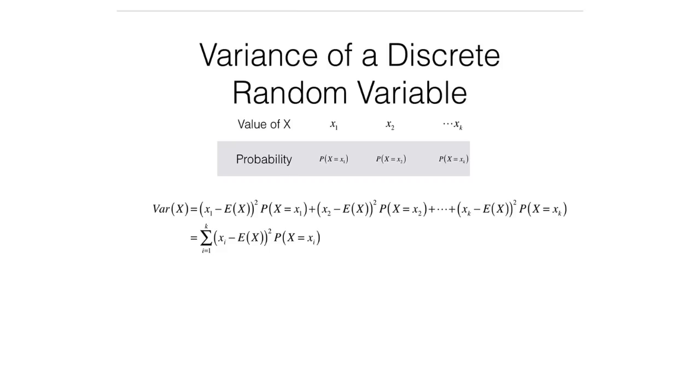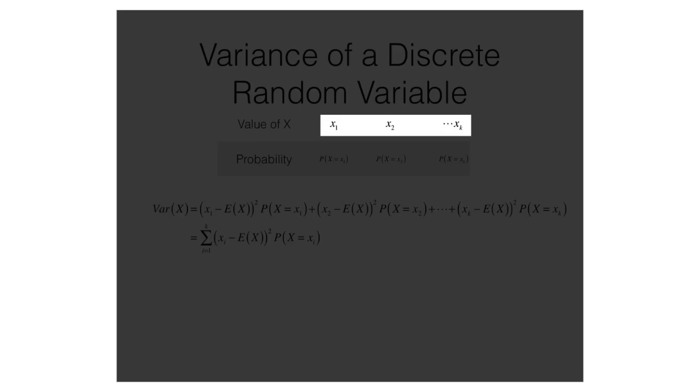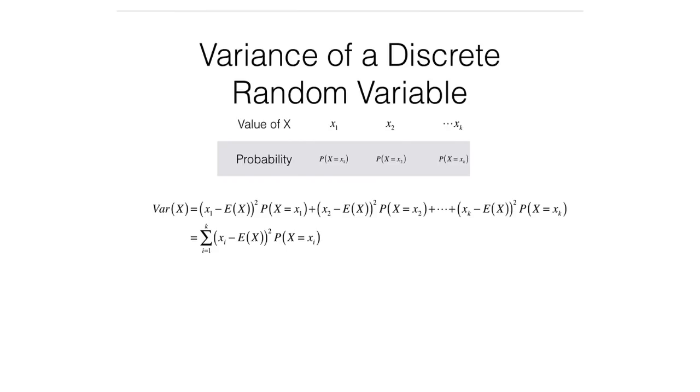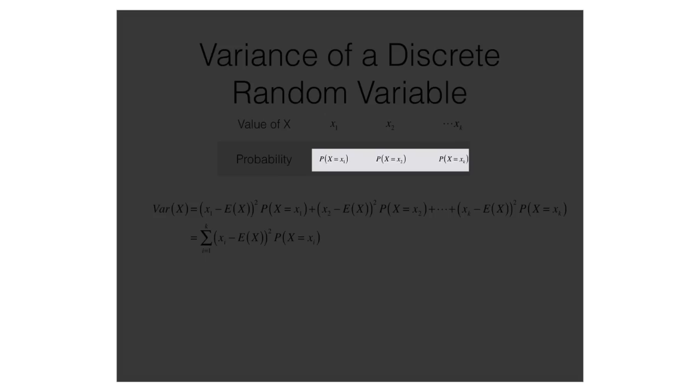The general formula for a discrete random variable is given by this expression. In this case, we have x1, x2, all the way down to xk, and those are the possible values of the discrete random variable, and each one of them has probability that x is equal to x1, probability that x is equal to x2, and the probability that x is equal to xk.